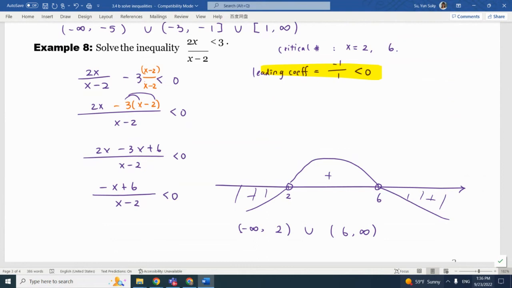For inequality, you cannot multiply by any expression involving x because you don't know whether that thing is positive or negative. If you multiply by a positive number, that won't change your inequality. But if you multiply by a negative number, it will flip your inequality. So any expression involving x, you cannot tell whether it's positive or negative. That's why you cannot multiply the least common denominator on both sides. Is that clear, everybody?